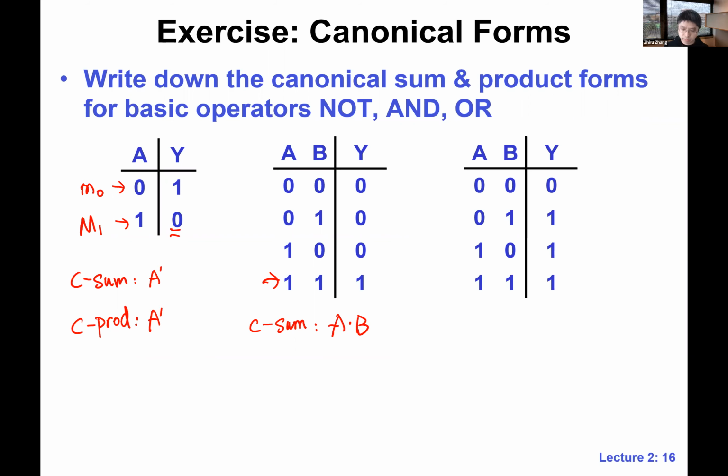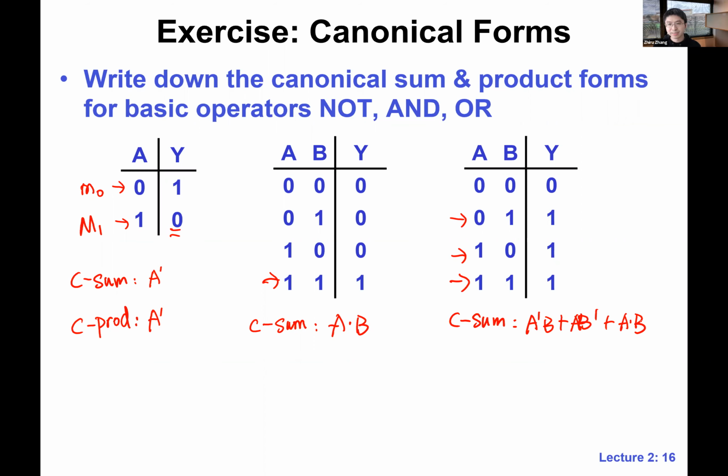How about the OR gate? If we just use the canonical sum, what is the expression? We have three things in the onset. Sorry. How ugly this thing is!